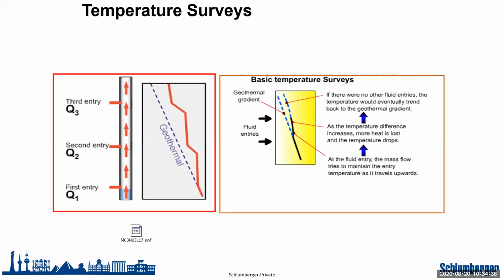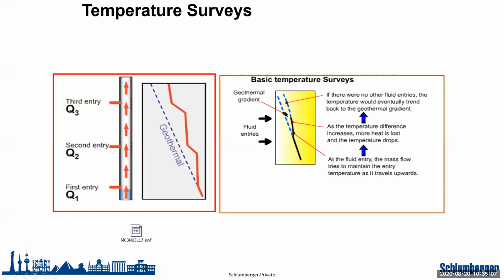So for example, over here in the dotted line, I have the geothermal gradient. And I see the first entry of fluid, the second entry of fluid, and the third entry of fluid, and I see that my temperature is separating from the geothermal gradient. At a fluid entry, the temperature starts traveling upwards.